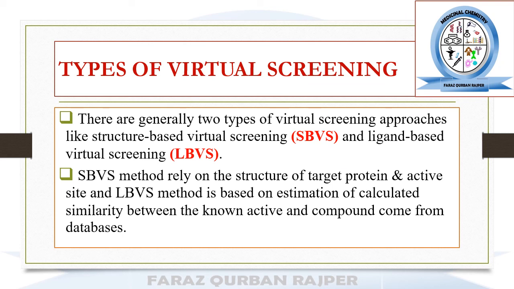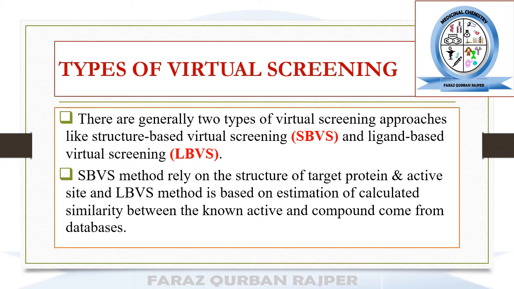There are mainly two types of virtual screening. One is structure-based virtual screening. Second is ligand-based virtual screening. Structure-based virtual screening is based on the structure of the drug target, that is the protein or receptor, and the structure of the active sites, meaning the amino acid sequence and the available active site of the drug target.